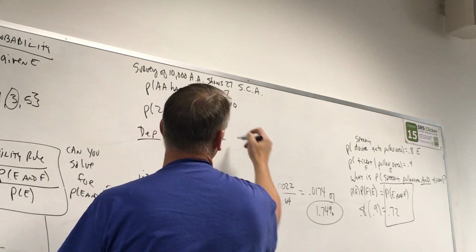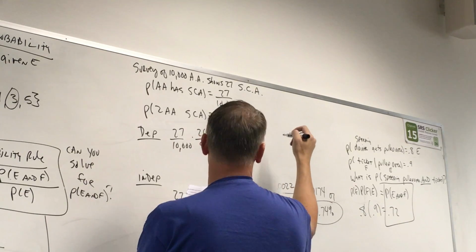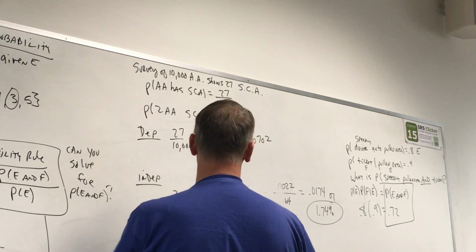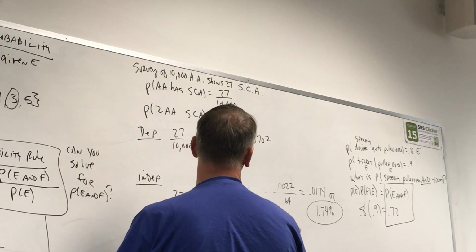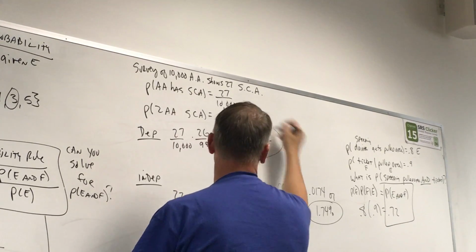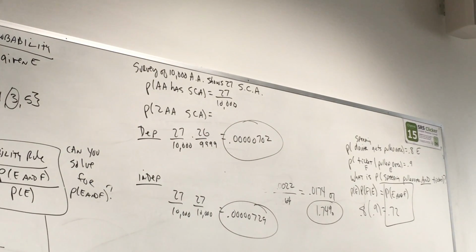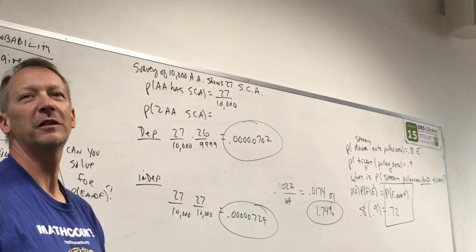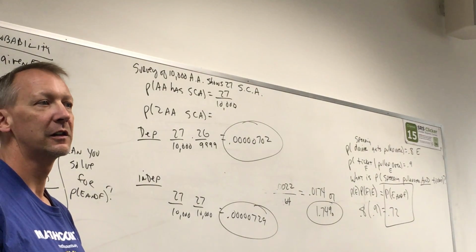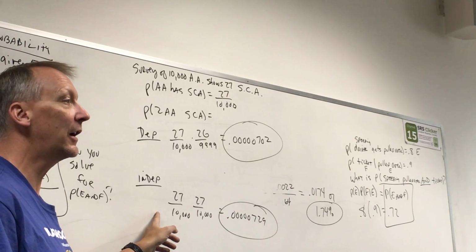Now I punch it in my calculator and I get 0.0000702 and 0.0000729. Look at those numbers. What do you think? It was pretty close. Which calculation would you prefer to do? Independent. We like independence. It makes our life a lot easier.